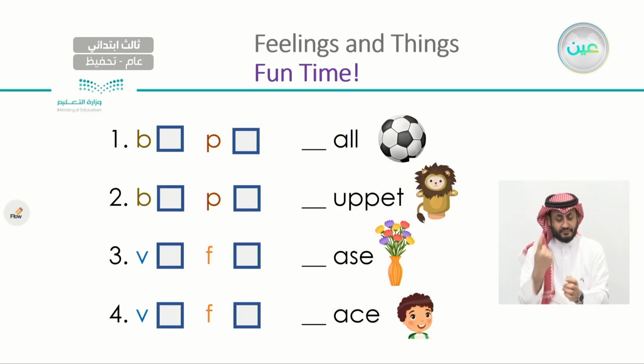Number 1. B, ball. Number 2. P, p, puppet. The P goes below the line. Number 3. V, v, vase. Number 4.